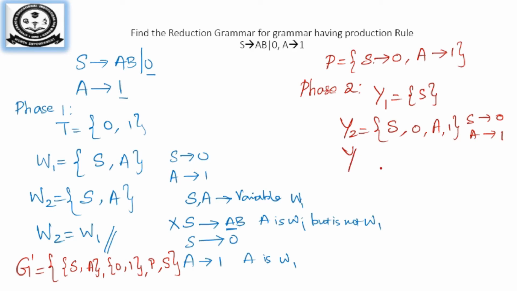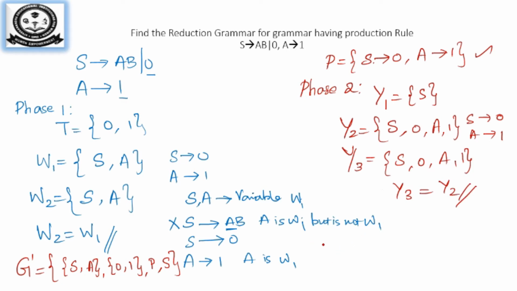Now we will check whether there is any change with Y2. With this grammar, when you try to find, there will be no change, only the same thing will happen. So Y3 is similar to Y2, and we have come to the conclusion.